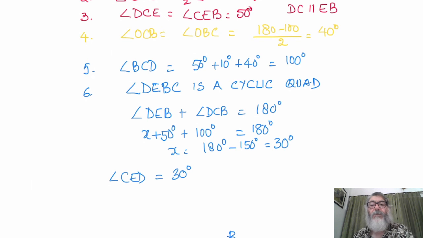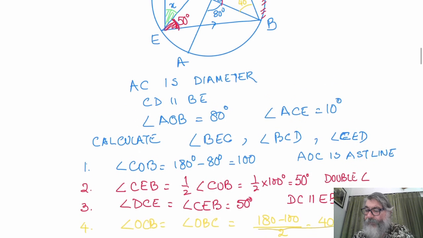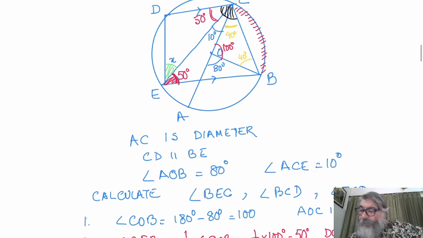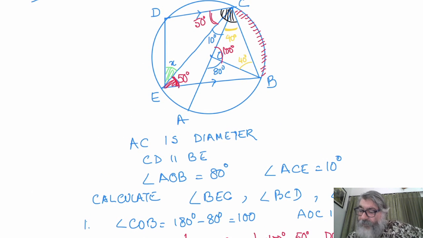Now we have got all the angles which we wanted. Let me show it to you again. Let us start. This angle AOB was given as 80. I calculated angle COB to be 180 minus 80, which is 100. Once I got this 100, I got angle CB as 50.